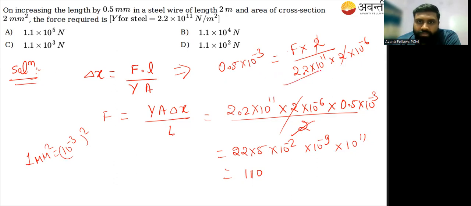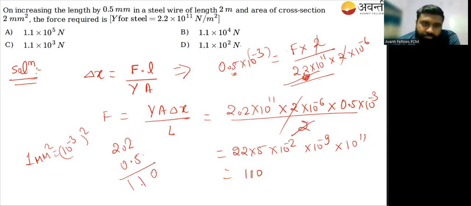So it will become 1.1 into 10 raised to the power 2, because this will not vanish out. 6 and 3 is 9 on this side, and this is the 11, so these two powers will cancel each other, because 2.2 multiplied with 0.5 will become 1.1.